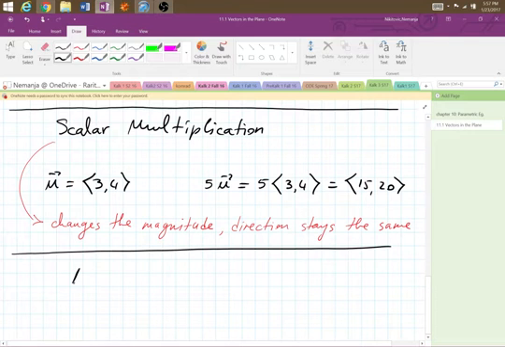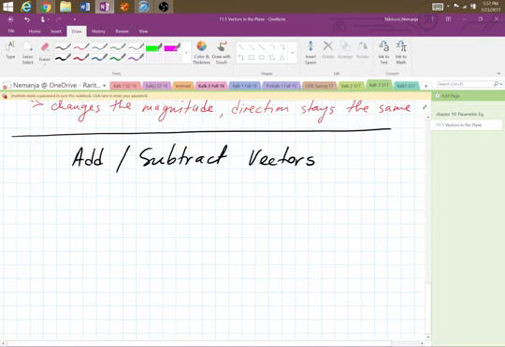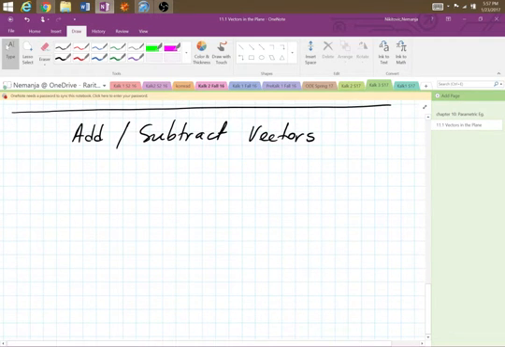I can also add or subtract vectors. So how do I add or subtract vectors? Well, we're going to add real to real, and then real to real. Wow, I was talking complex numbers. X components to X components, and Y components to Y components. That way they will add.